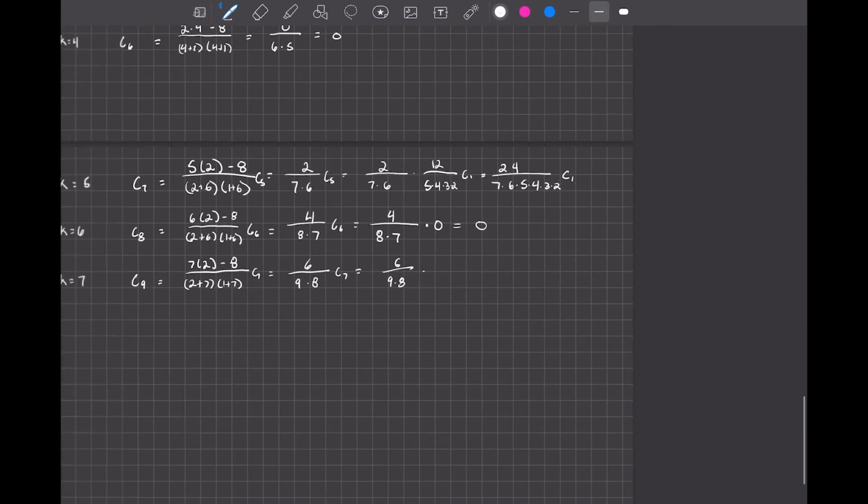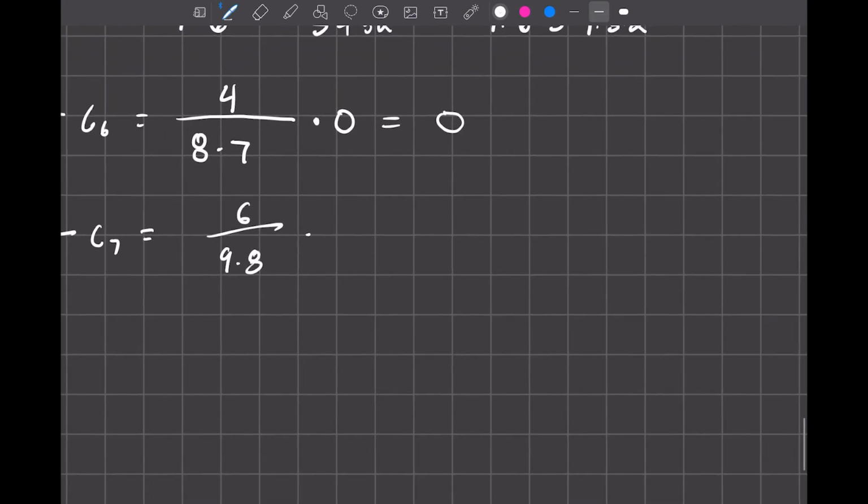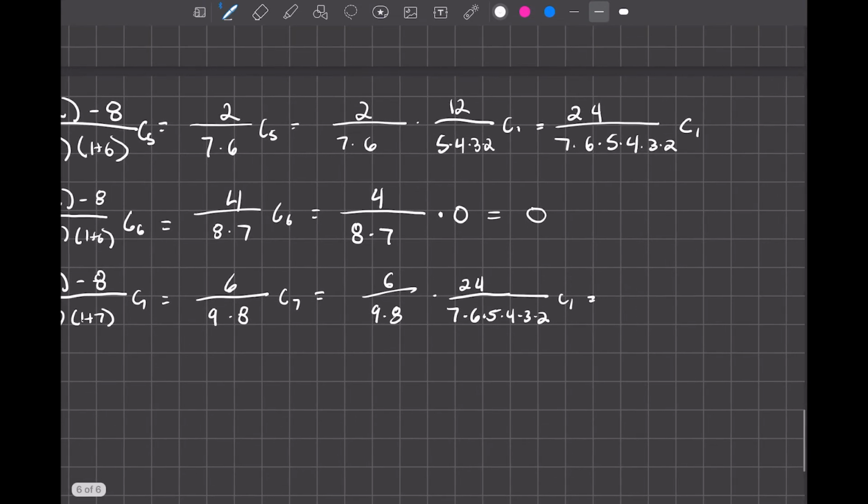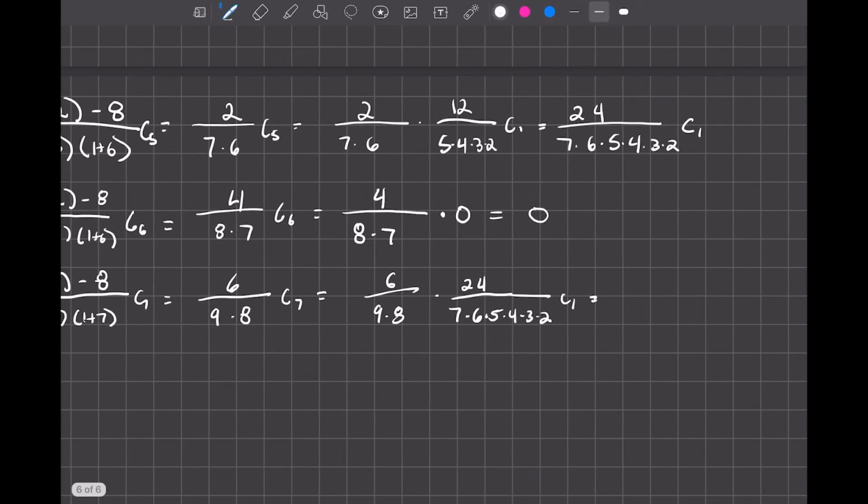Plug in the values that we know, which would be 24 over 7 times 6 times 5 times 4 times 3 times 2, and that's C sub 1. And we could simplify that a little bit more.